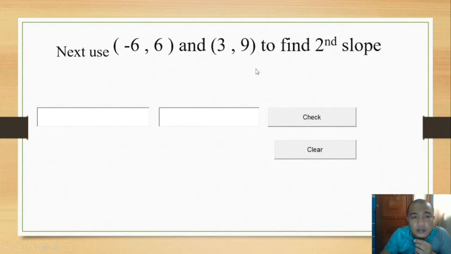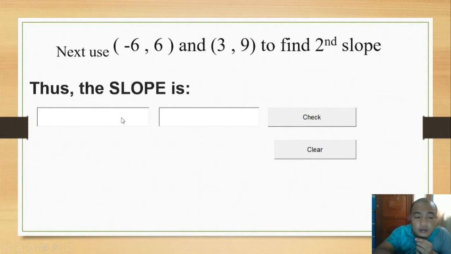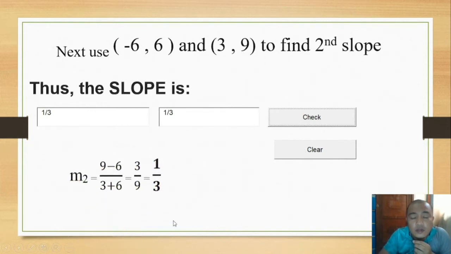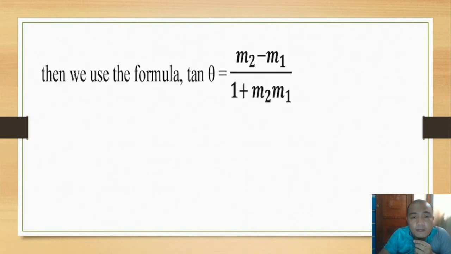To find the slope of line 2, you subtract 9 and 6, 3, over 3 plus 6 is 9. 3 over 9 or 1/3. So the slope of line 2 is 1/3. The slope of line 1 is 2, while the slope of line 2 is 1/3. Let's proceed to the next step.